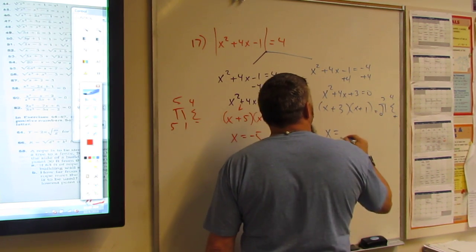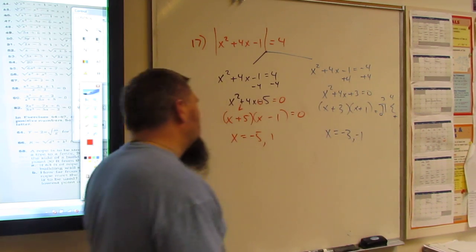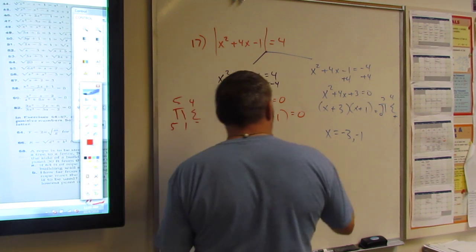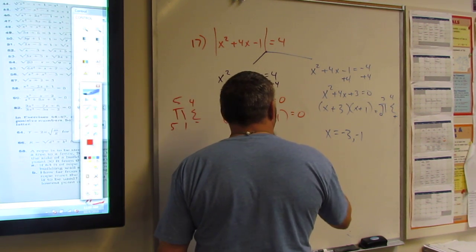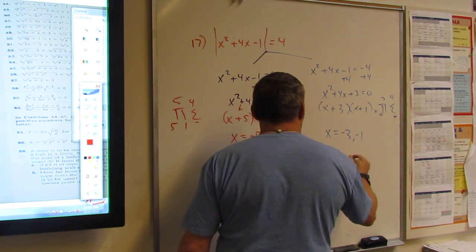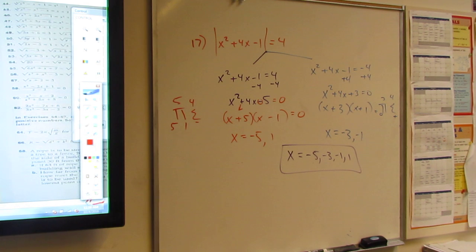So I know that x is equal to negative 3 and negative 1. And so when I make this the answer, it's x is equal to negative 5, negative 3, negative 1, and 1. Why do I write it like that? Yes, from smallest to greatest. Okay?